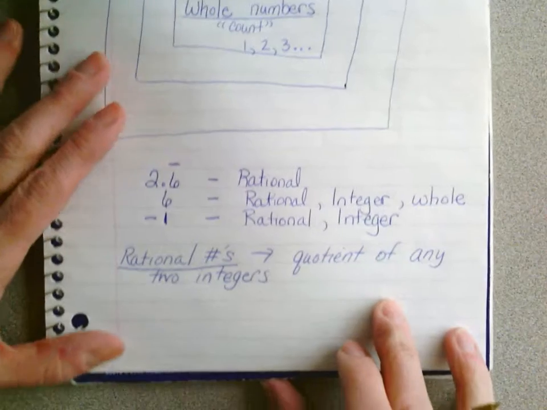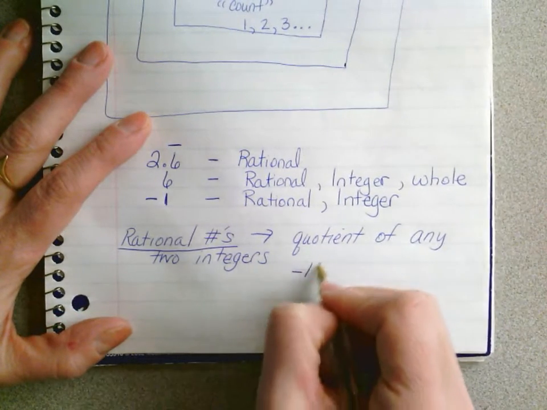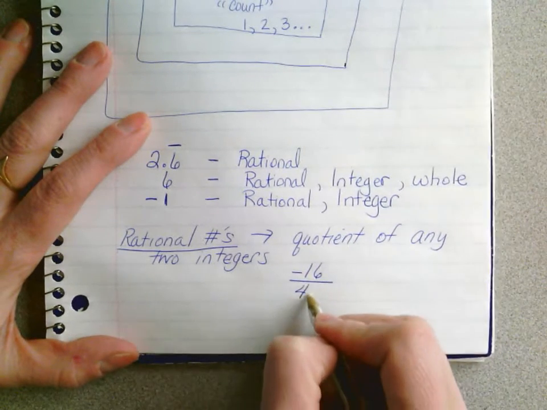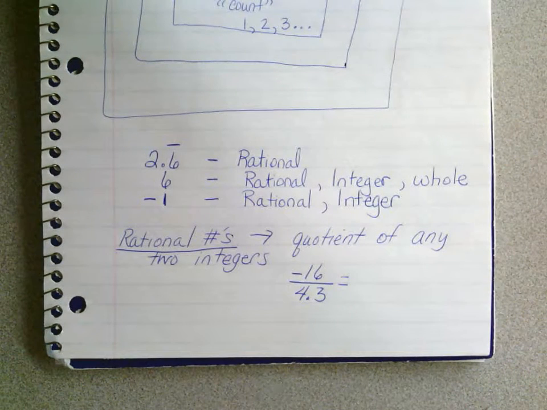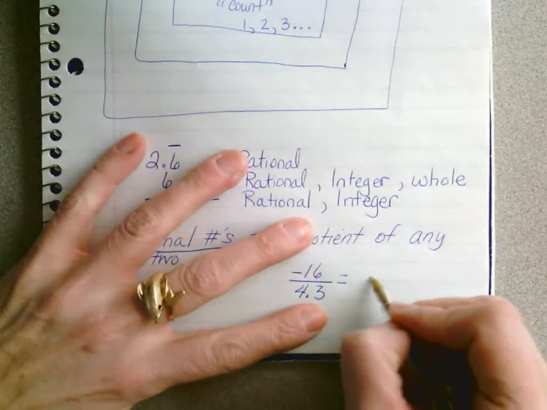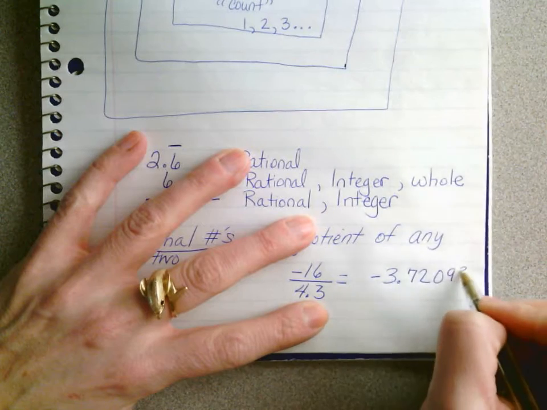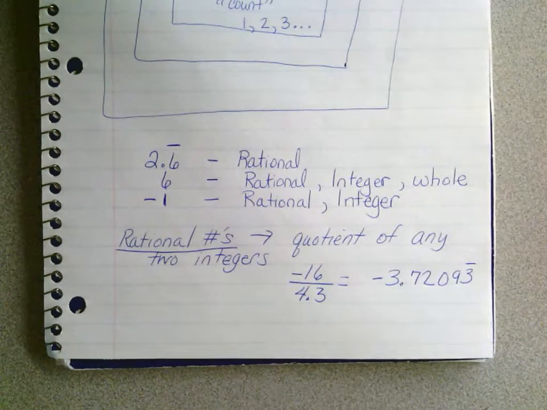So those of you that have your calculators handy, -16 divided by 4.3. What's your answer? Read it to me, honey. Something like that? Yeah. Maybe I cheated a little.